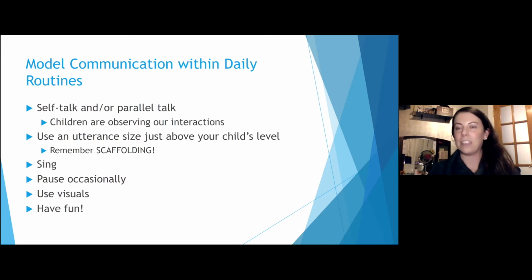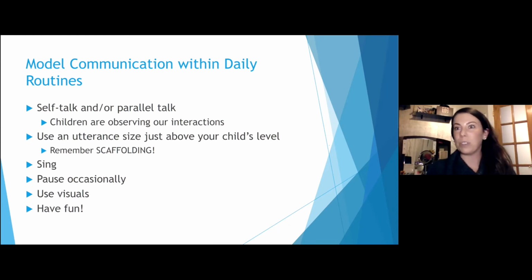And that's something that's going to be functional for then going through a routine and being able to have it be memorable for them. You want to make sure that you're pausing. You're giving them that space. You're using visuals. So you're providing them with additional AAC. So then that way they can either imitate your sign, or they can point to a picture, or they can use their AAC device.